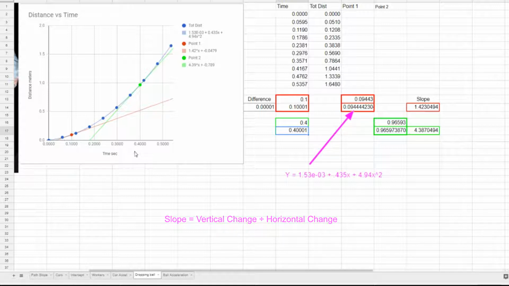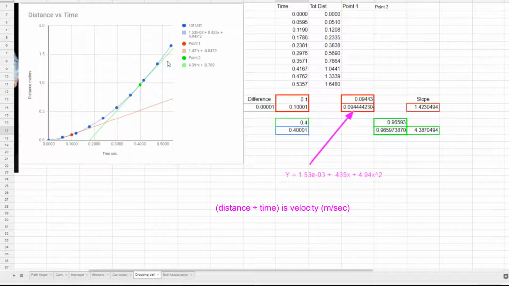So the units of the slope of this line are meters per second. That's a velocity. Whenever you have distance divided by time, that's exactly the definition of velocity. So when I get a slope at any point on this line, I'm calculating the velocity of the ball at that moment in time.